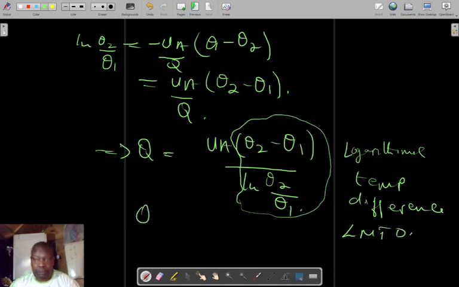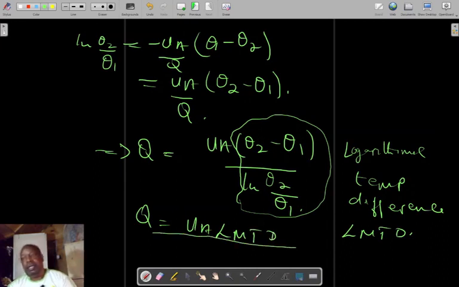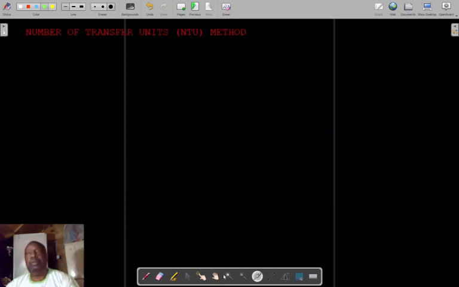So our Q is equal to UA times the LMTD. From that fact, you find out that that is why this method is referred to as the LMTD method.